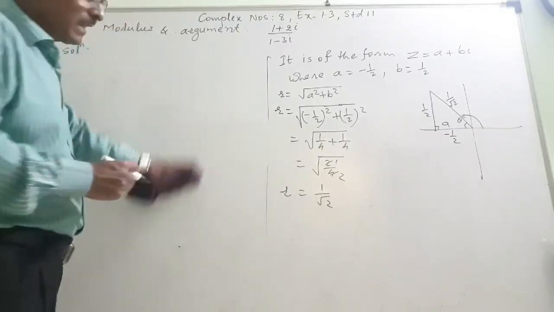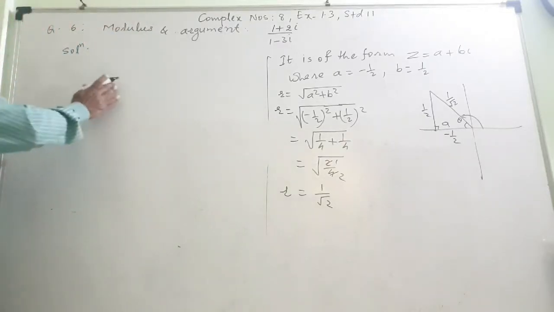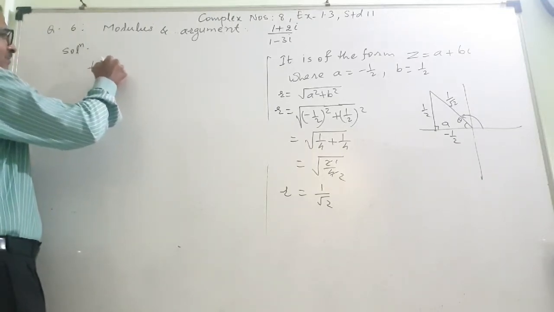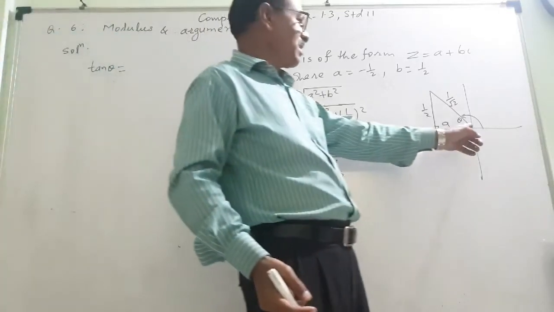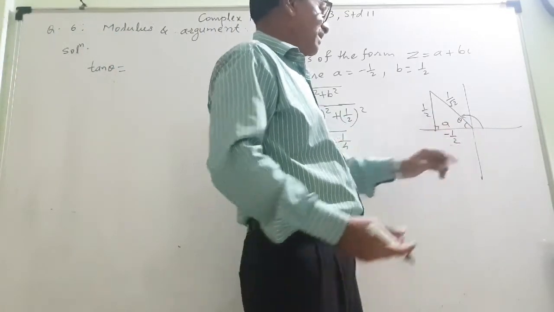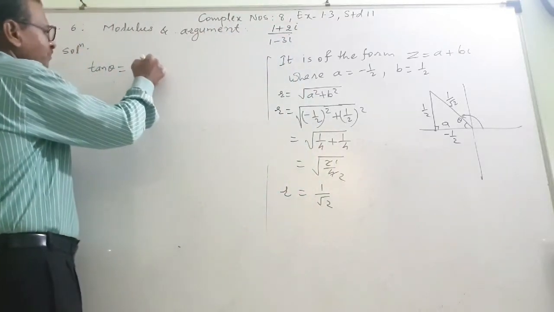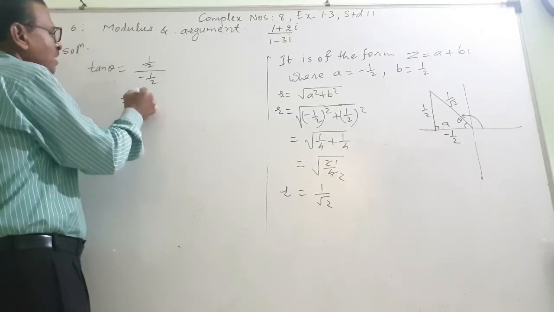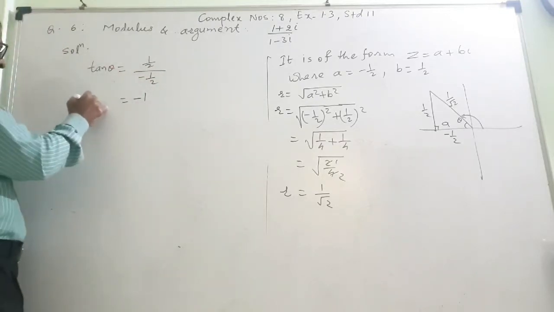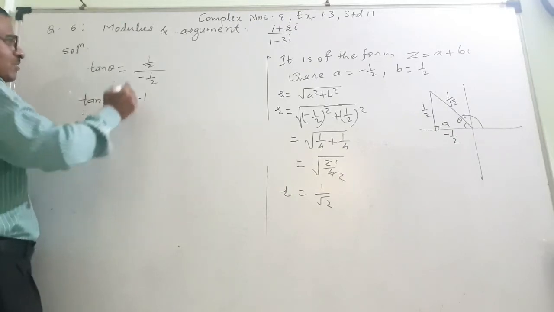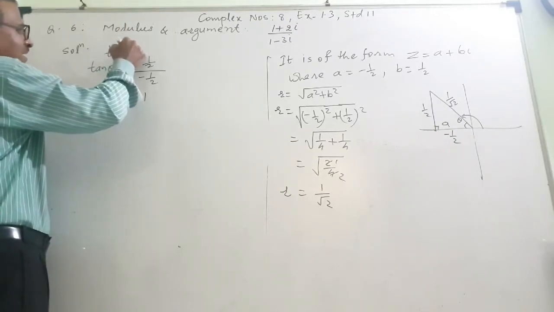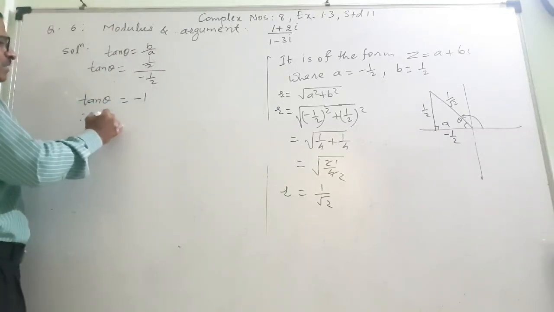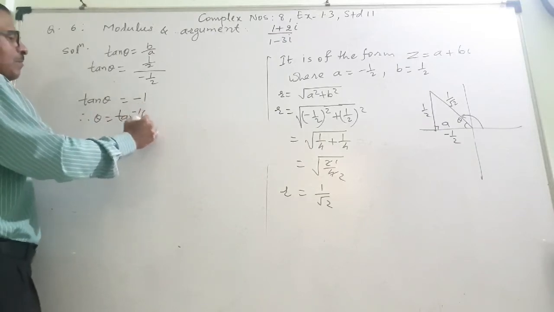Now what I want? I want the angle theta. Tan theta is equal to, tan means opposite upon adjacent. So 1 upon 2 upon minus 1 upon 2, that is equal to minus 1. Therefore theta is equal to, here the formula is tan theta is equal to b upon a, therefore theta is equal to tan inverse of minus 1.